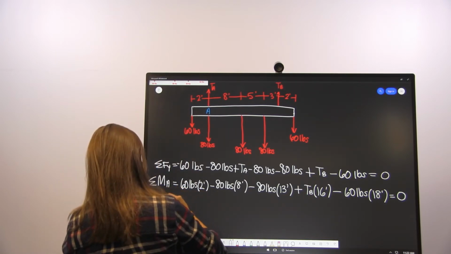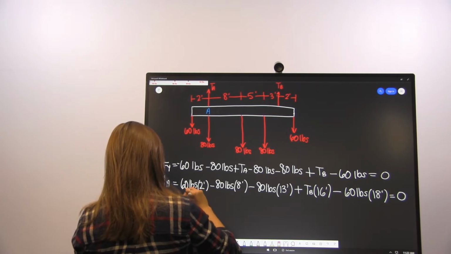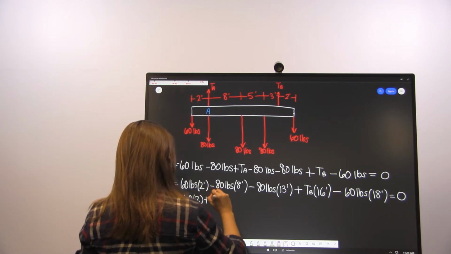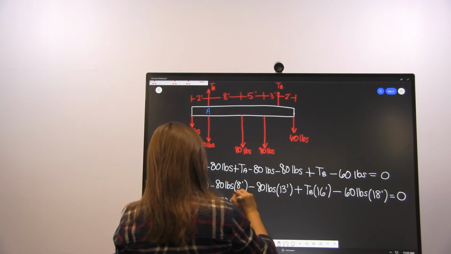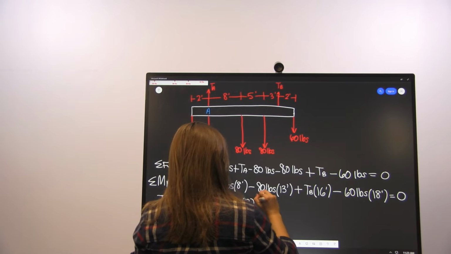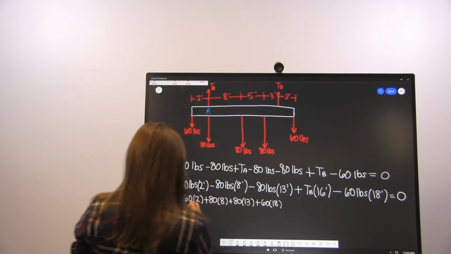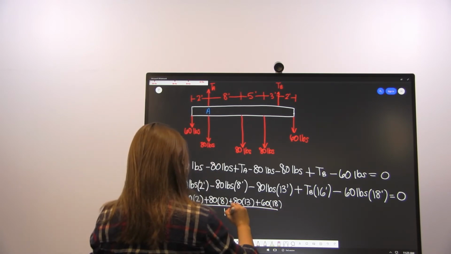So doing that, we get tension B is equal to negative 60 times 2 plus 80 times 8 plus 80 times 13 plus 60 times 18, and divide that by 16 feet.